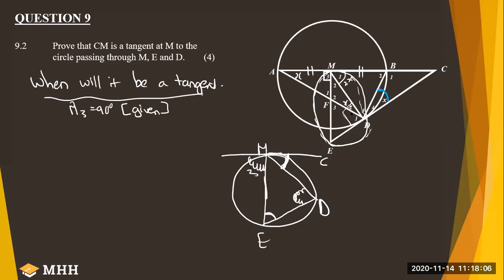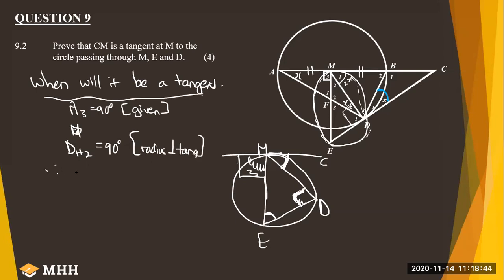But D1 and 2, this one, is also 90 degrees. That one is 90 degrees, but this one is also 90 degrees because it's tan radius. This is a tangent, and that's a radius. Angle D1 plus 2 is also 90 degrees. Radius perpendicular to tangent.